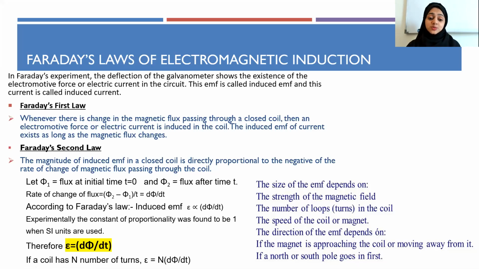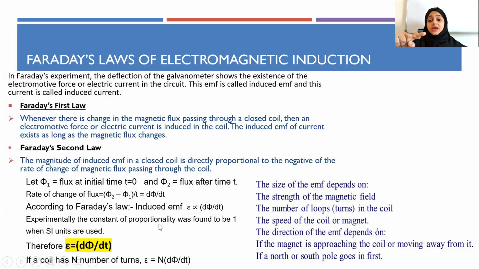What is the SI unit of EMF? Volt. So if EMF is in volt, phi is in Weber, and time is in seconds, then that constant's value is 1. So we can directly write EMF E is equal to d phi by dt.